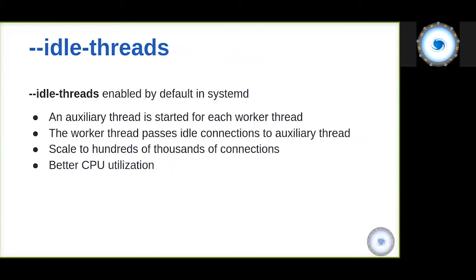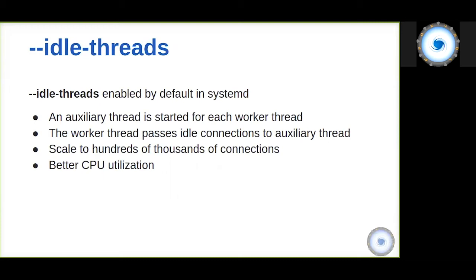So what is the idle thread that is enabled by default? ProxySQL normally has a certain number of worker threads, and those worker threads handle all the connections. But there are a lot of applications that create connections, and then those connections are not used for a certain period of time, which could range from a few seconds to just a few milliseconds.